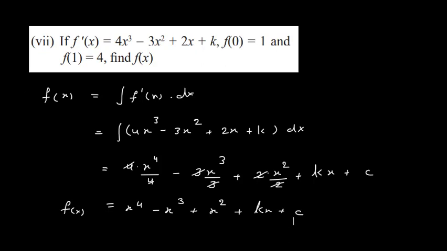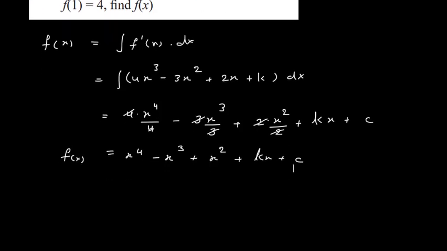Now we will use these conditions. So first let us use f of 0. Say this is equation 1. So f of 0, this is 0, this is 0, this is 0, this is 0, so it will become c.